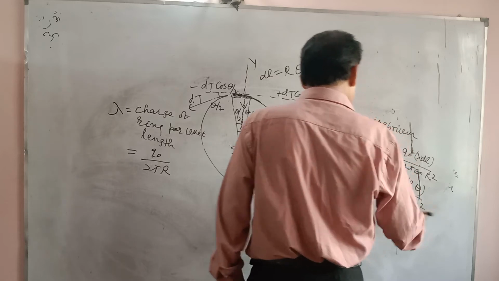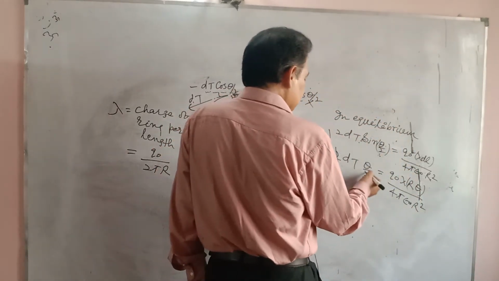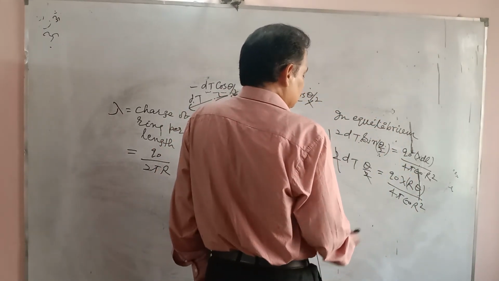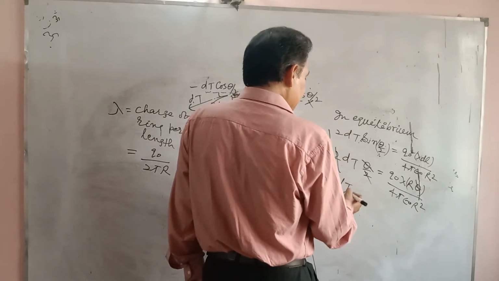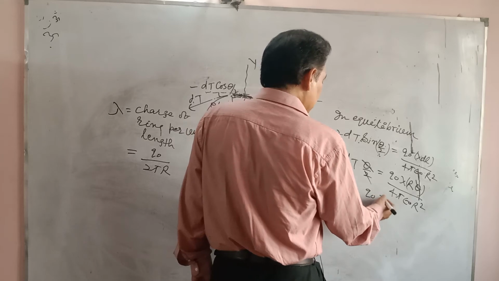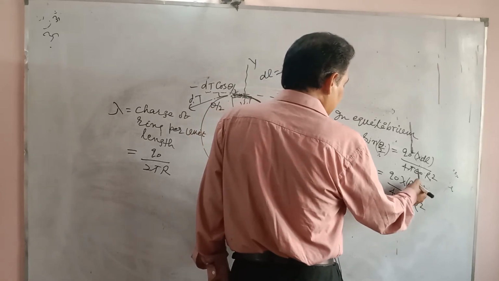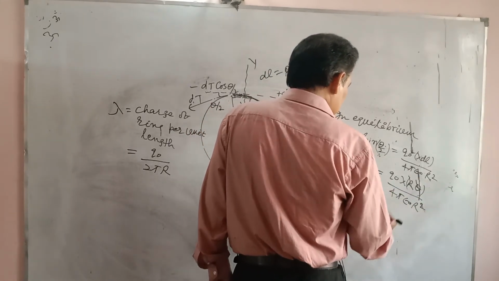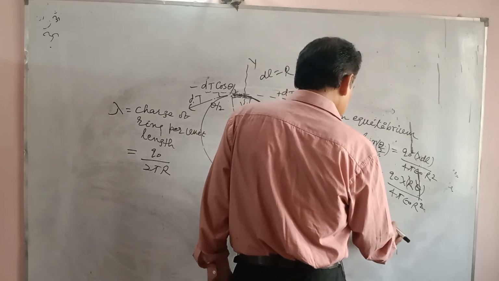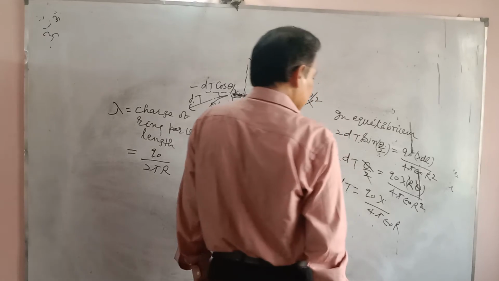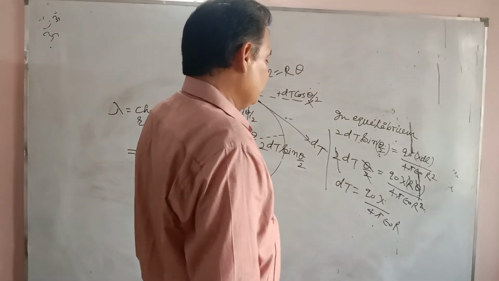This 2 will be cancelled. This theta will also be cancelled, and this dT will be q naught lambda, one of the r will also be cancelled, q naught lambda upon 4 pi epsilon naught r.